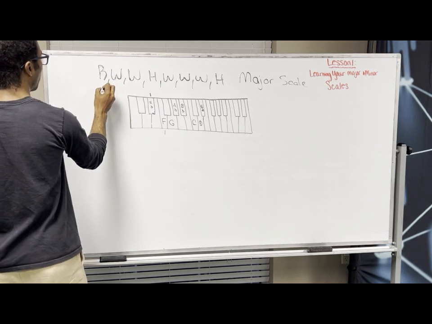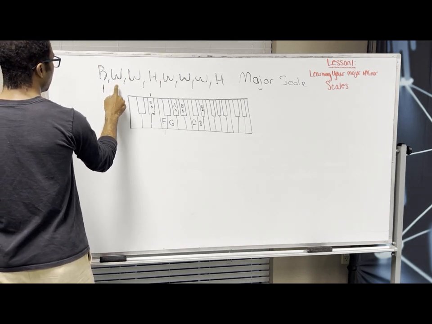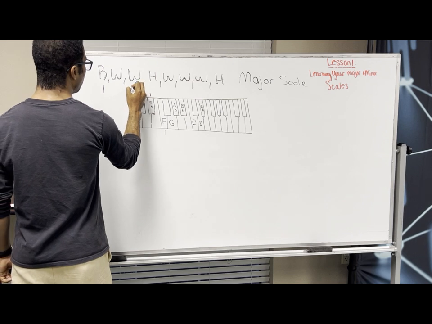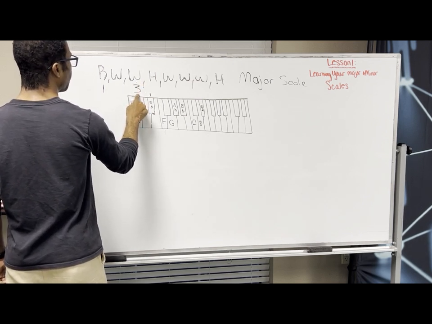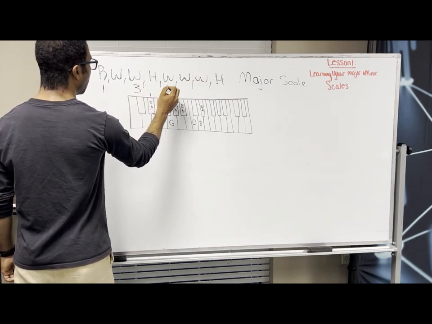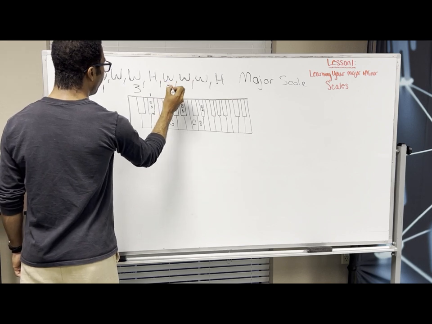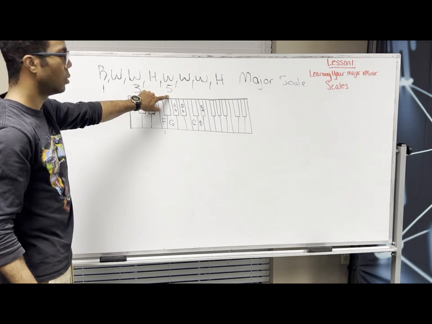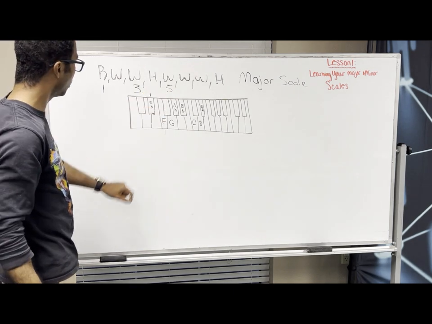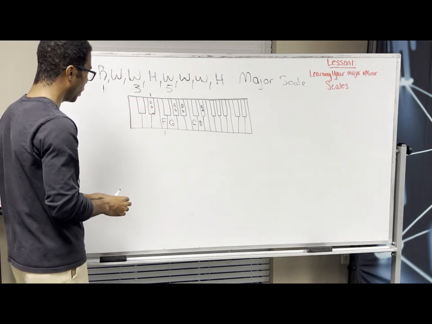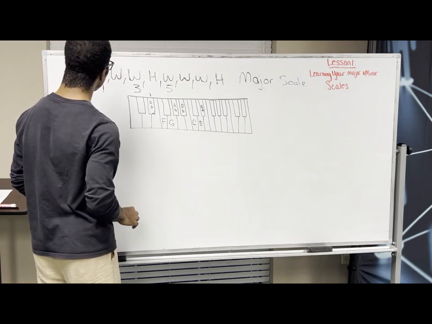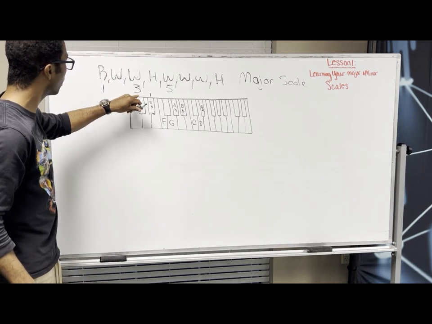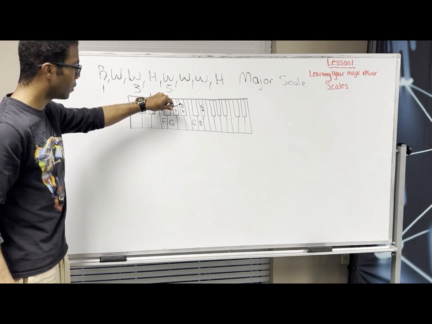So here we have our root. This is the second. This would be the third, fourth, and then we have our fifth here. So first, third, and fifth will reveal our major chord. So say we were to take away all the other notes except for our first, our third, and our fifth.